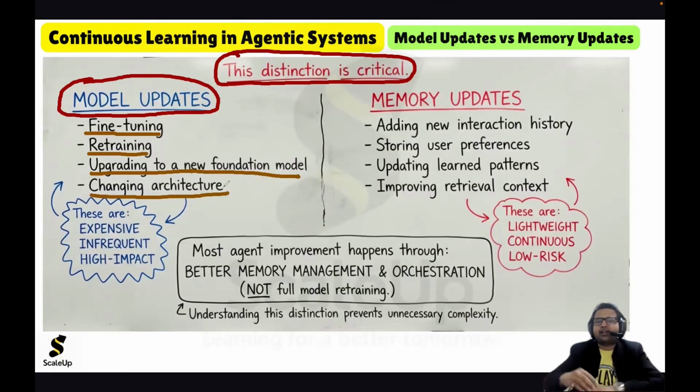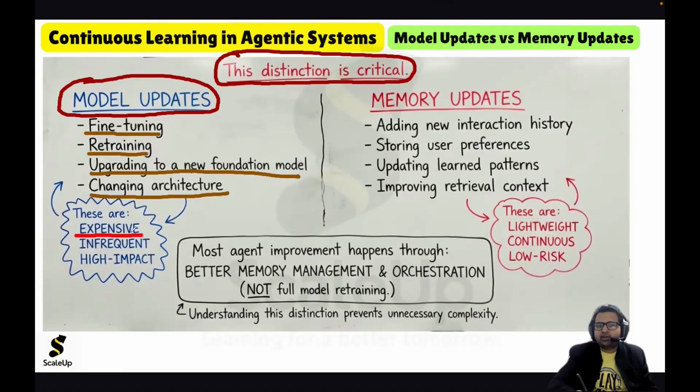So the idea is that in an agentic system, I can update the model. Either I can go for a new foundation model, or I can update an existing foundation model via fine tuning or retraining it, or by changing architecture. Now see, model updates are expensive because fine tuning and retraining is not easy.